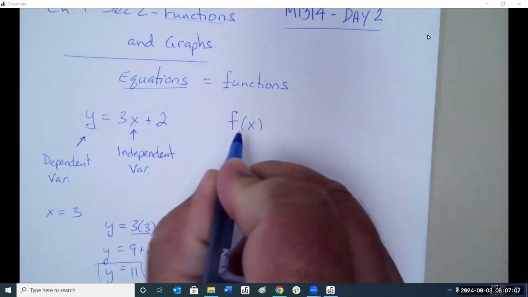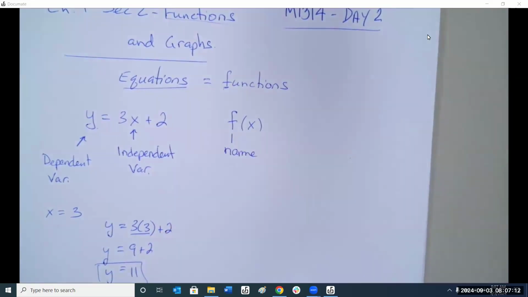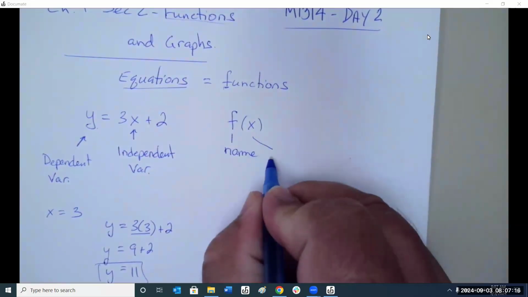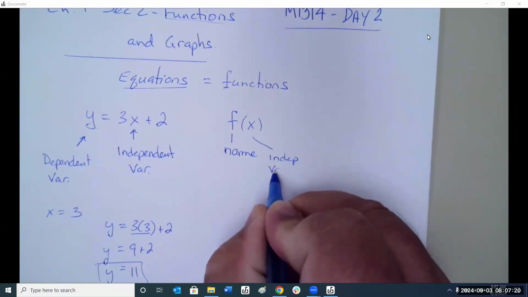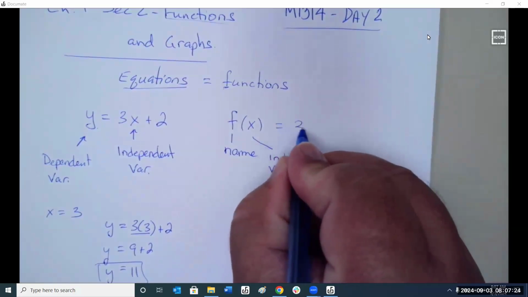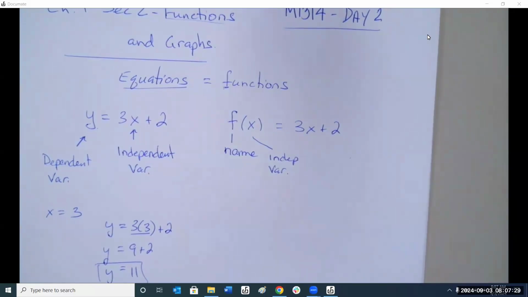And then, this is the name of the function. Inside the parentheses, that's your independent variable. And then the equation.